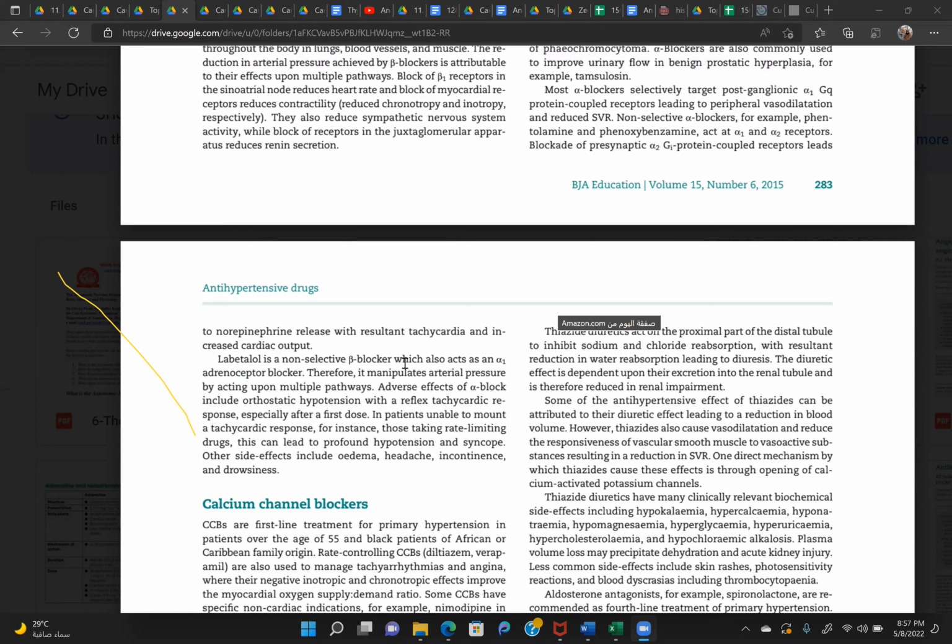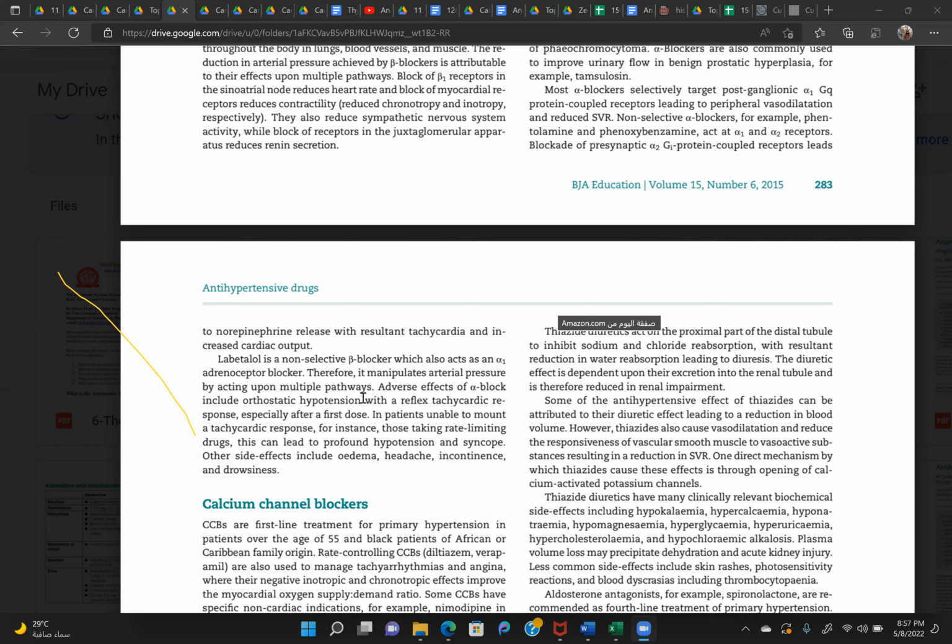Labetalol has both alpha 1 and beta effects. Which is more? I think it has more alpha effect. Am I right? If you cannot recall it, just confirm it.